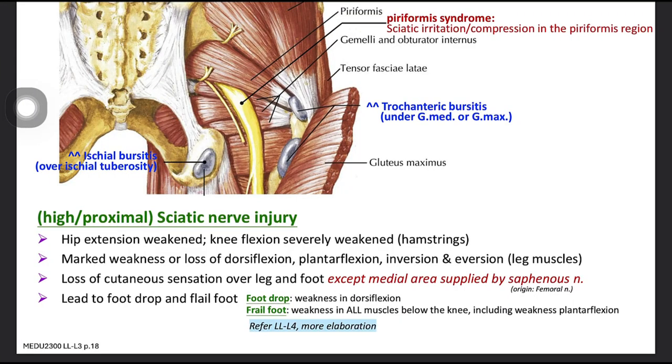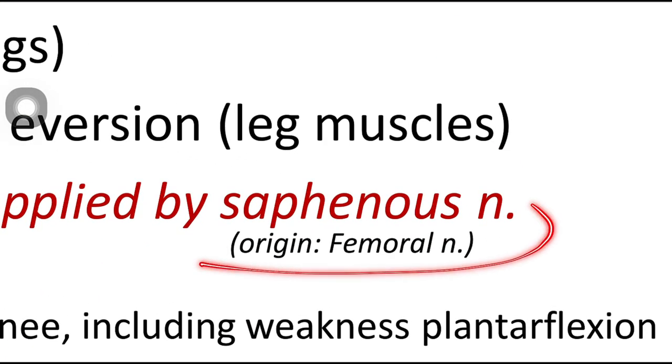So there is loss of cutaneous sensation over the leg and foot. Except, and this is what you need to know, nearly all sensation over the leg and foot is gone, except the medial area. Why? Because it is supplied by the saphenous nerve, which originates from the femoral nerve.